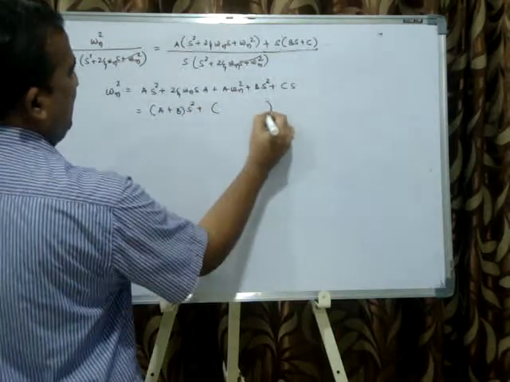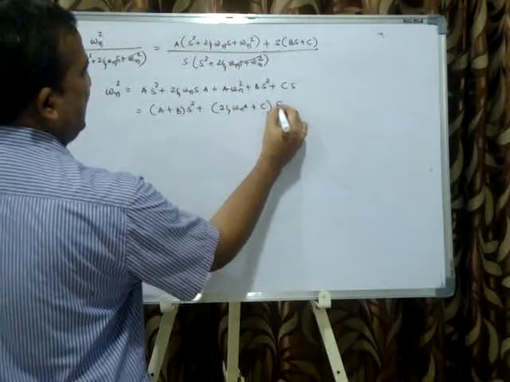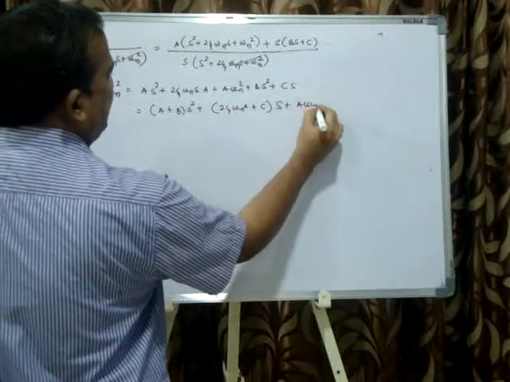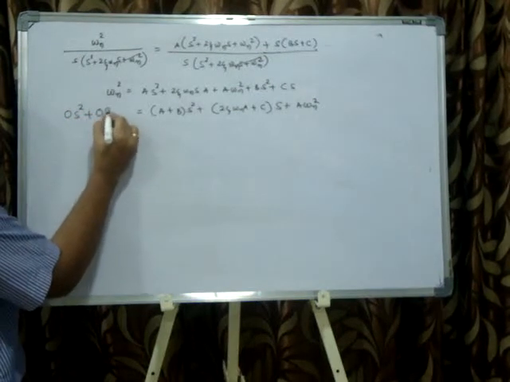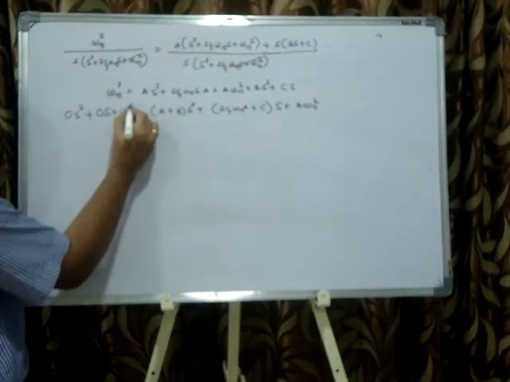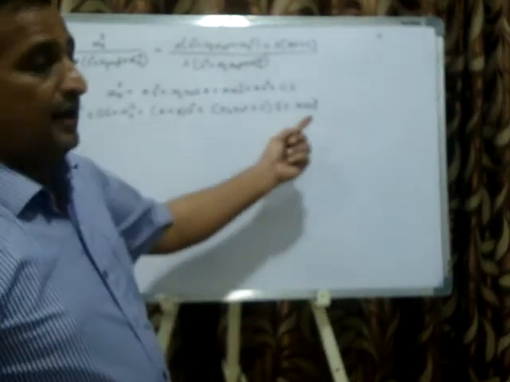Then I will take the s coefficient, 2 zeta omega n A plus C, then the remaining constant. This side has no s squares, I can write 0 s square, no s, I can write 0 s, and the constant is omega n square. Now you have to compare the coefficients.